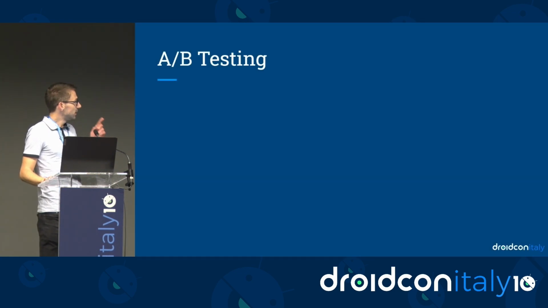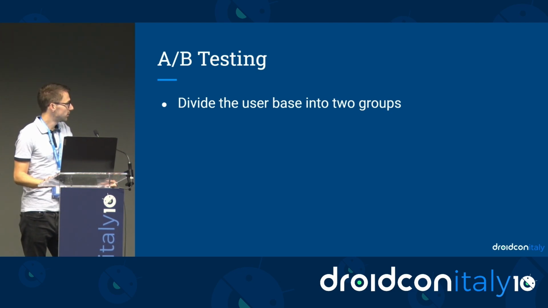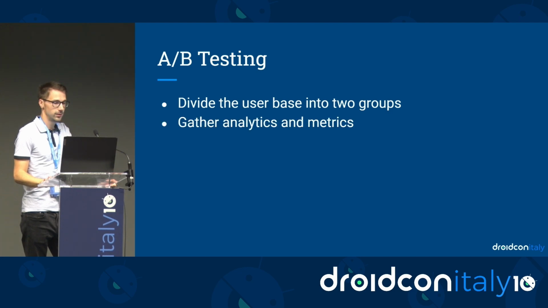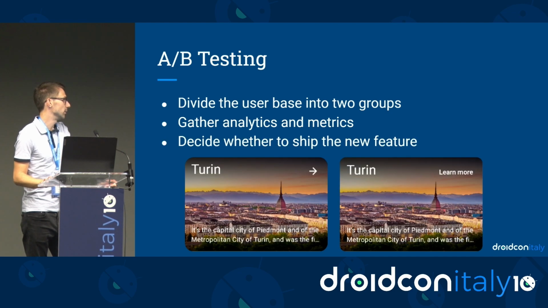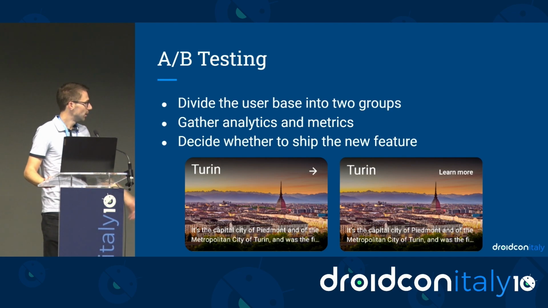So yeah, A/B testing, we talked about this before. So if we have a feature flag, we can divide the user base into 2 groups, or even more if you need to. You can then gather analytics and metrics, and then decide whether you want to ship the feature. So in this example, in the top right we have a button.